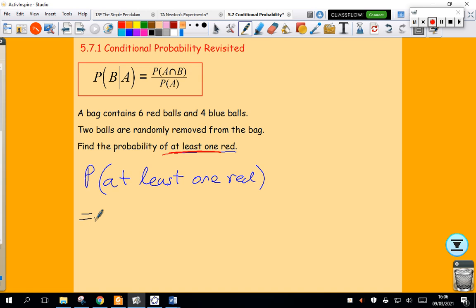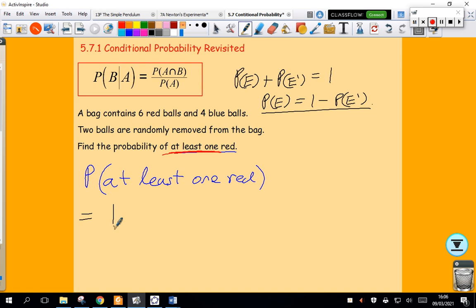Using the complementary rule, the probability of any event added to the probability of its complement has to equal 1. So the probability of any event is 1 minus the probability of its complement. So the probability of at least one red is 1 minus the probability of no reds at all.